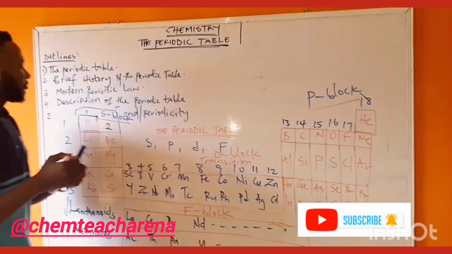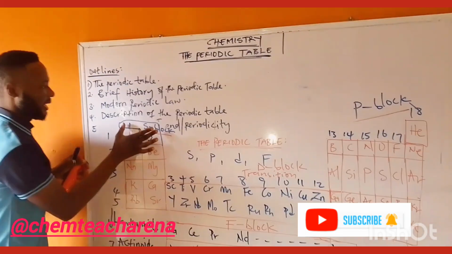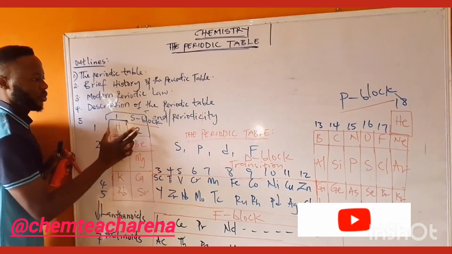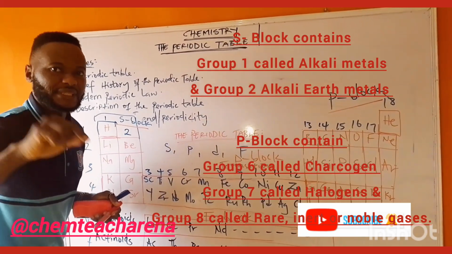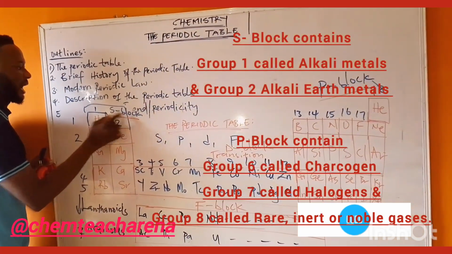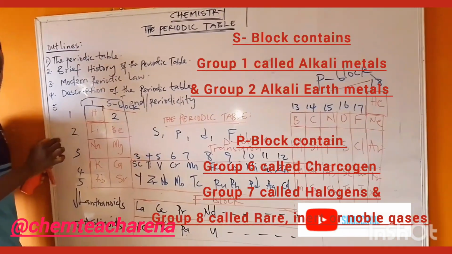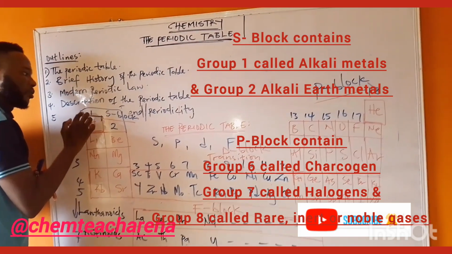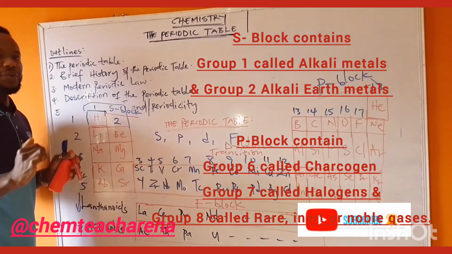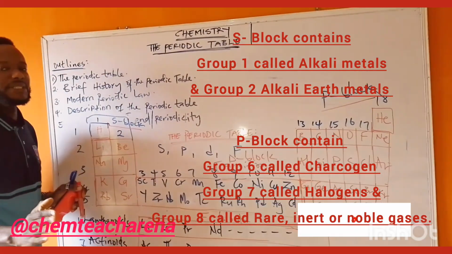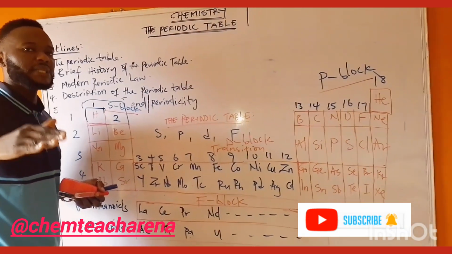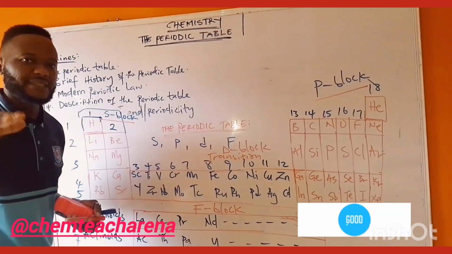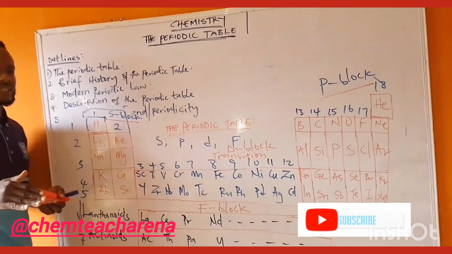And the P block. Having said that, this S block element comprises of the alkaline metals and the alkaline earth metals. I told you that S block are group 1 and group 2 elements. Now, these same group 1 and group 2 elements have their own name for their group. Group 1 elements are called alkaline metals, while group 2 elements are called alkaline earth metals. Do you understand that?